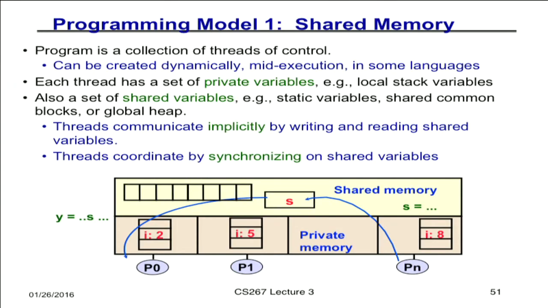So here's a shared memory programming model for this. Generally, we're going to have a set of threads, which I've written here in a perhaps confusing notation as P, which stands for processor. For our purposes right now, you can think of a thread as being the same as a processor.